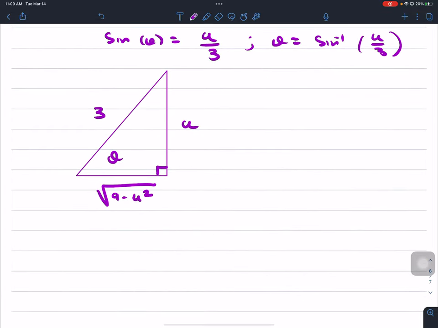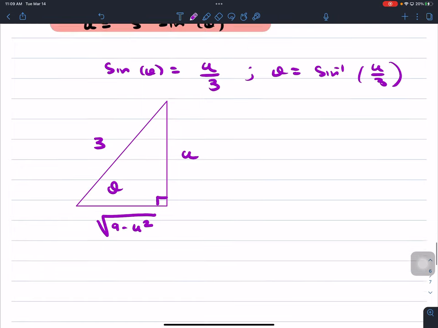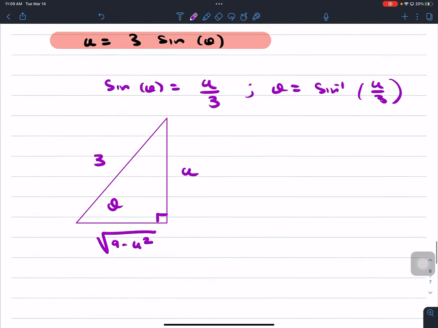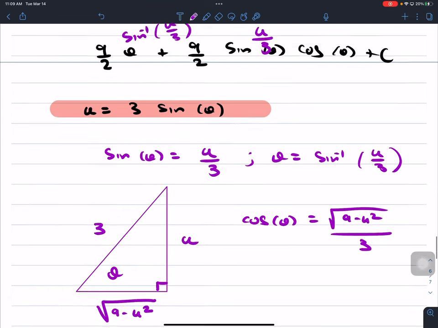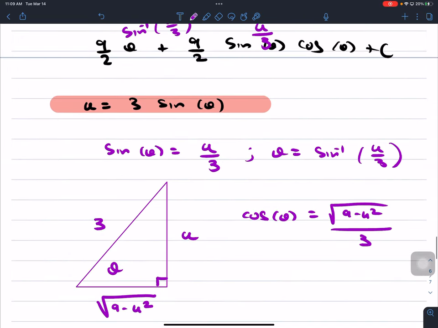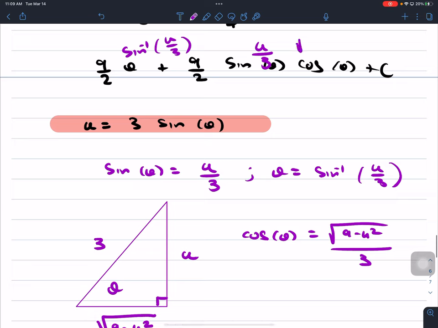So my cosine is adjacent over hypotenuse. You replace this with the square root of 9 minus u squared over 3.